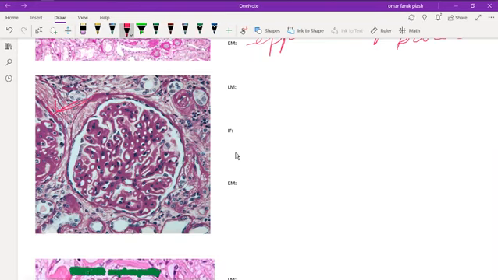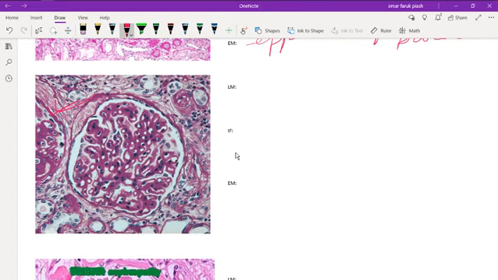It most commonly occurs in Caucasian adults, associated with hepatitis B, C, syphilis, SLE, and solid tumors. Regarding drugs, there may be NSAIDs and penicillin.